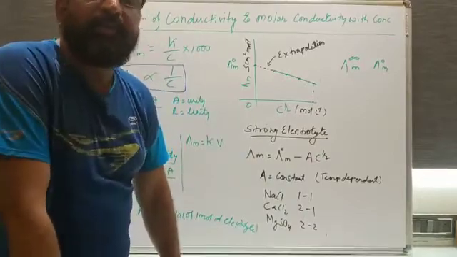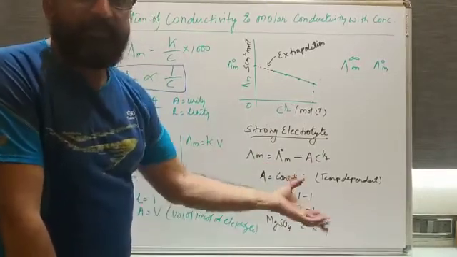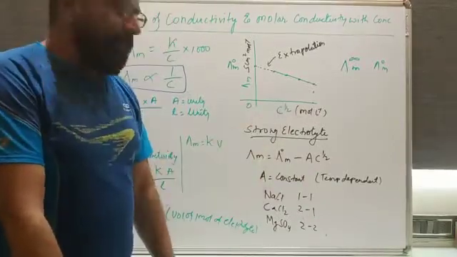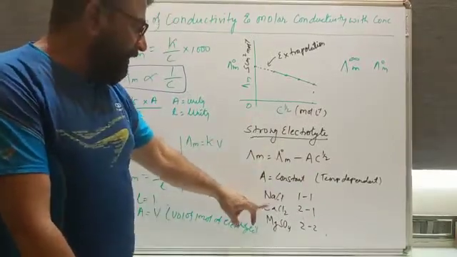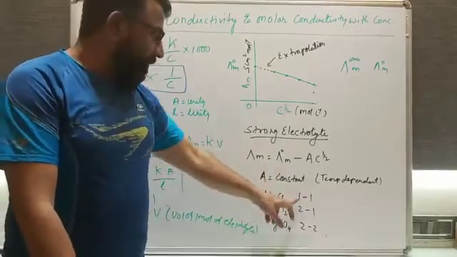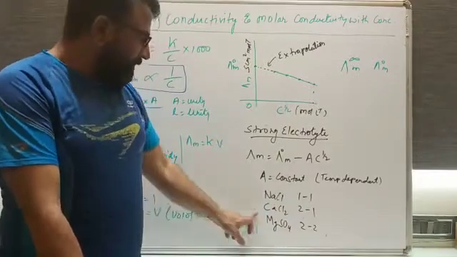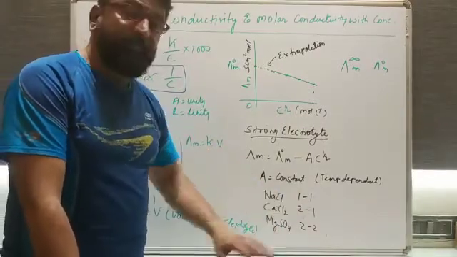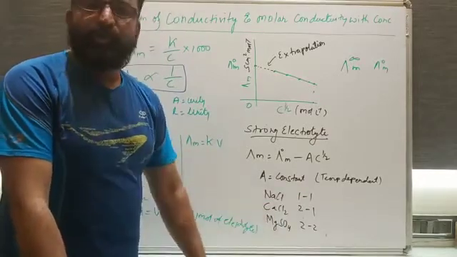A is a constant for a particular temperature. If you change the temperature, A's value will vary. A can be calculated as for NaCl 1-1: 1 is the valency of Na, and -1 is the valency of Cl. For CaCl2, the valency of Ca is +2 and chlorine is -1. For MgSO4, it is 2-2.